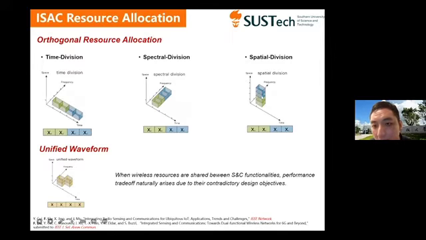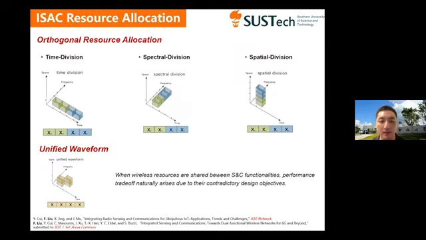And here we can use two spatial resources, like antennas, as sensing and another two as communication. And of course, we can have a unified resource allocation, which means all the resources are reused between communication and sensing, so there are no orthogonal divisions between them.